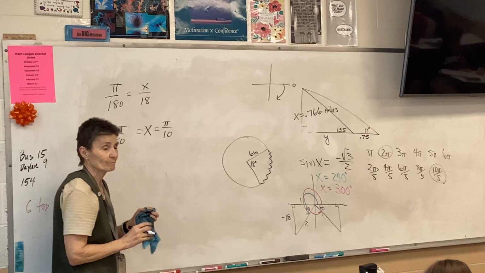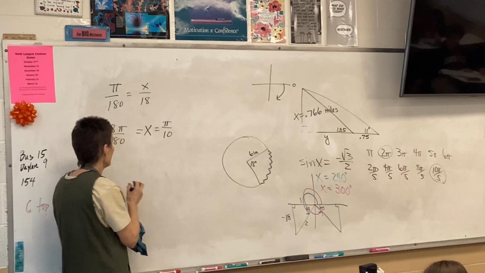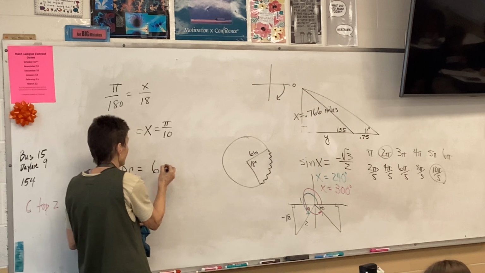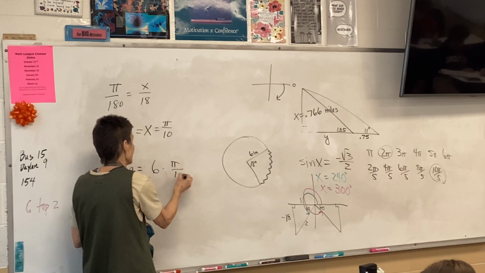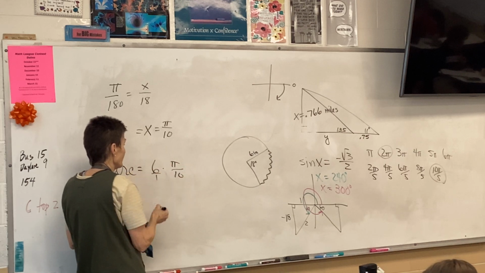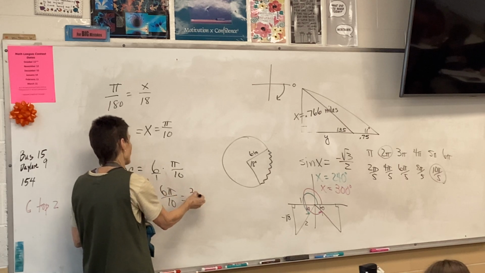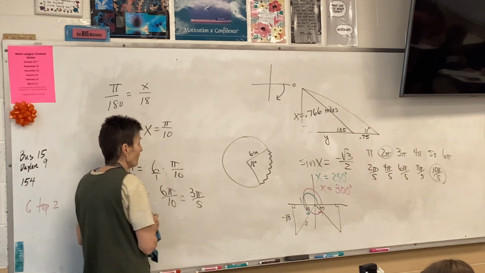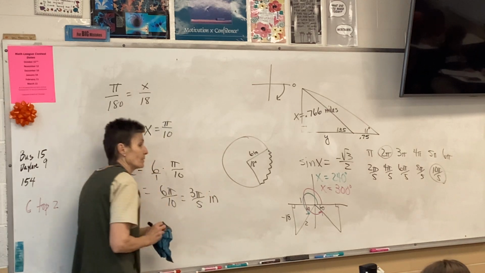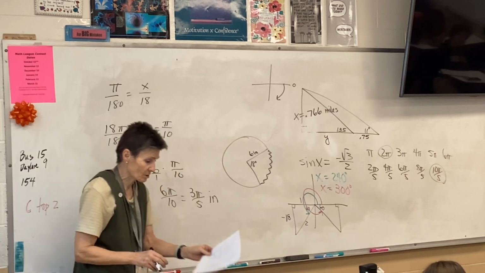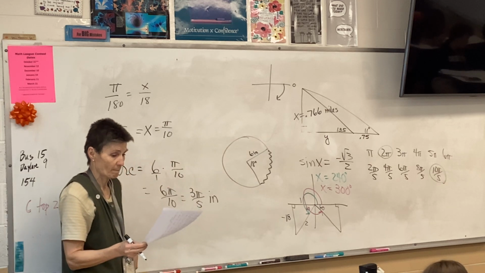So my arc length is simply going to be radius times radians. So 6 over 1 times pi over 10 is 6 pi over 10, or 3 pi over 5 inches. The arc length is in inches because the radius was in inches.